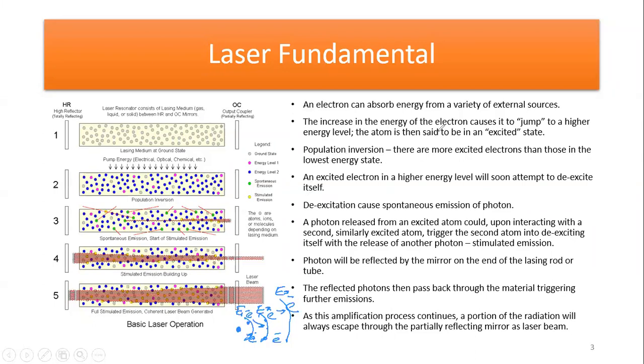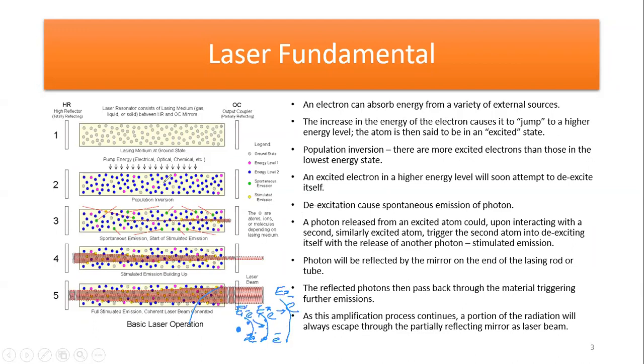So this is said to be in the excited state. So these atoms will be in the excited state. When the population inversion happens, there's more. So when more and more atoms are at the excited states, it means that the electrons jump to a higher level of energy band.